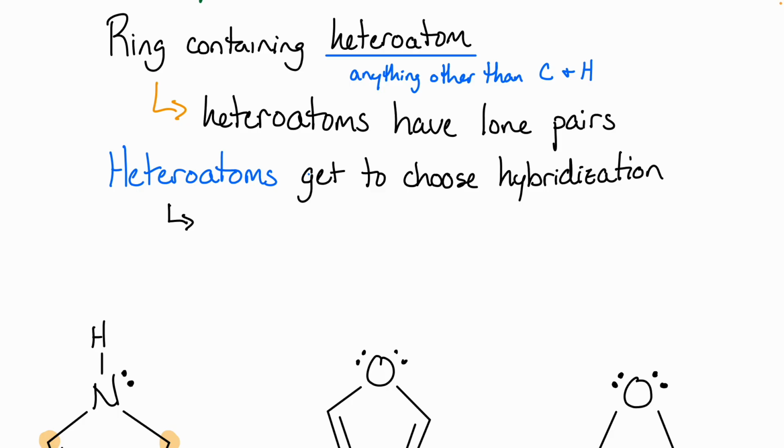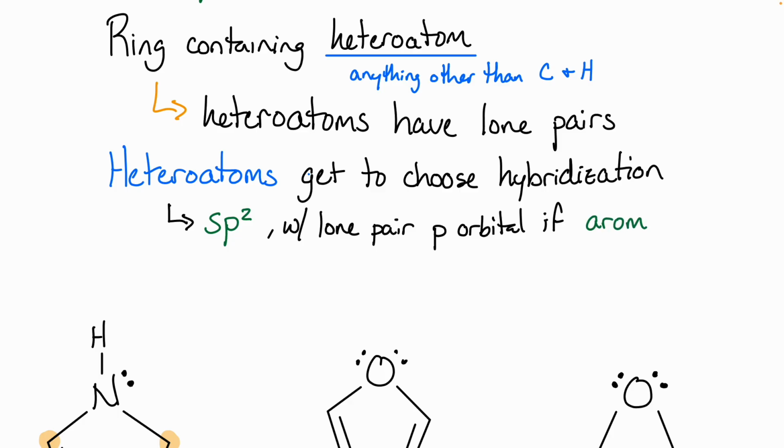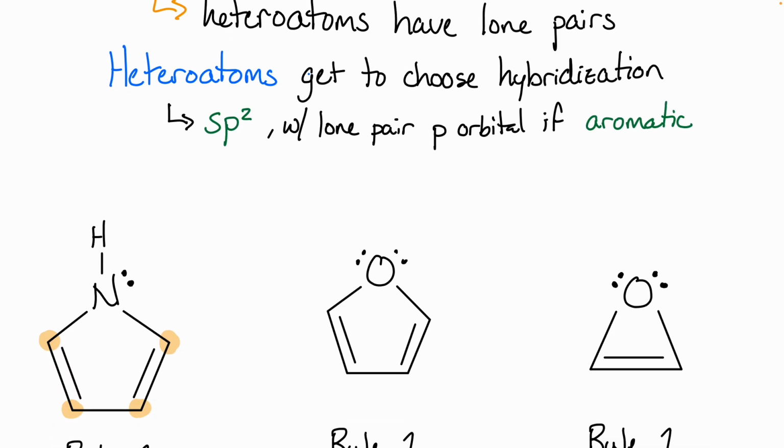All right, they're going to choose to be sp2 hybridized with that lone pair in a p orbital if it makes the compound aromatic. All right, so if putting this pair of electrons in a p orbital, allowing it to delocalize around that ring, if that's going to make that ring aromatic, the nitrogen's like, sure, I'll be sp2 hybridized.